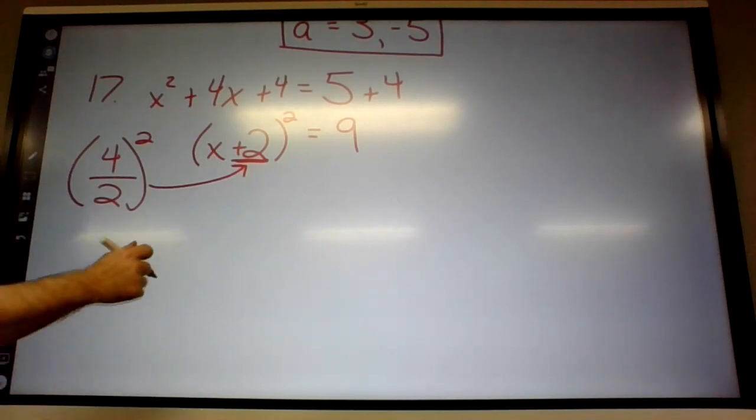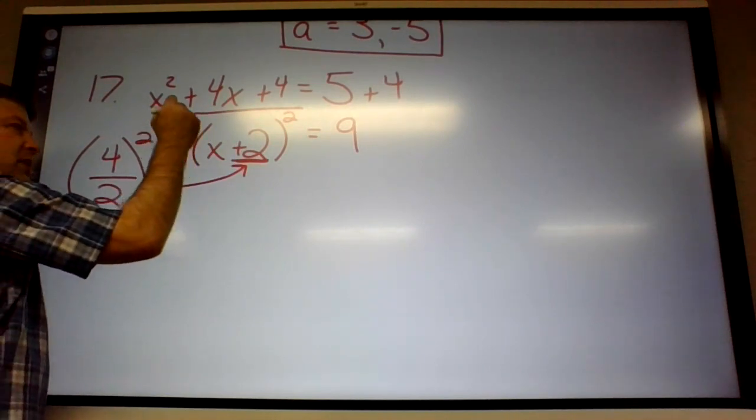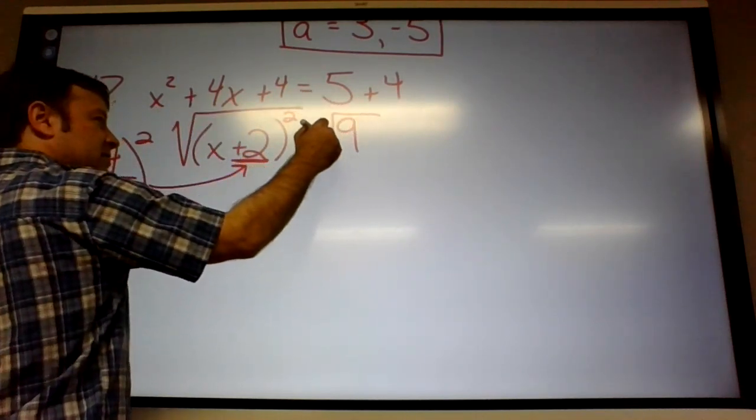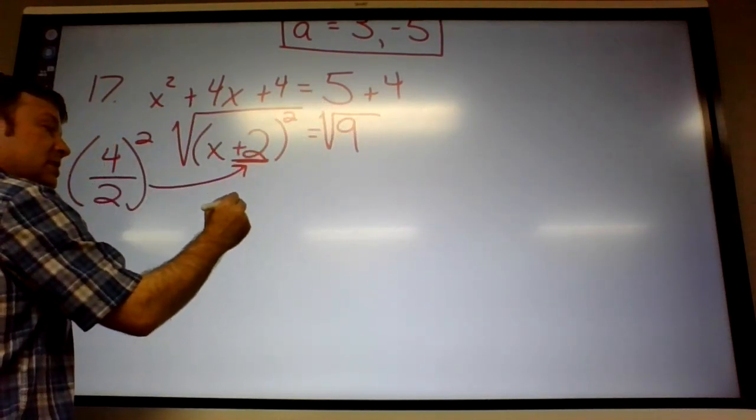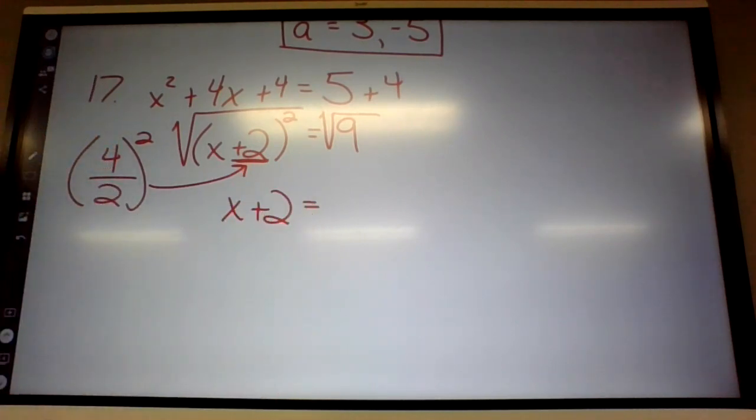All right, and to get rid of the square, square root, x plus 2 equals plus minus 3. There we go. Plus minus 3.